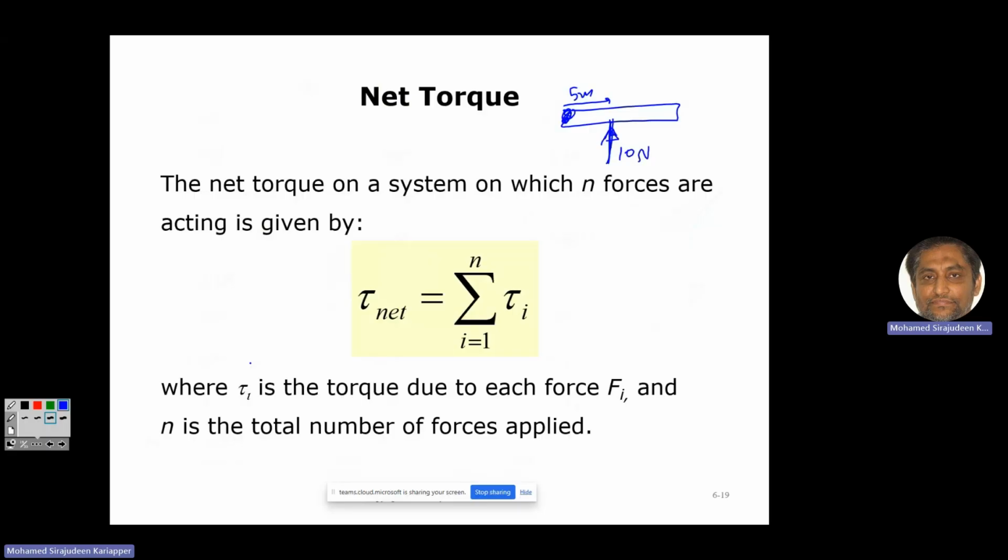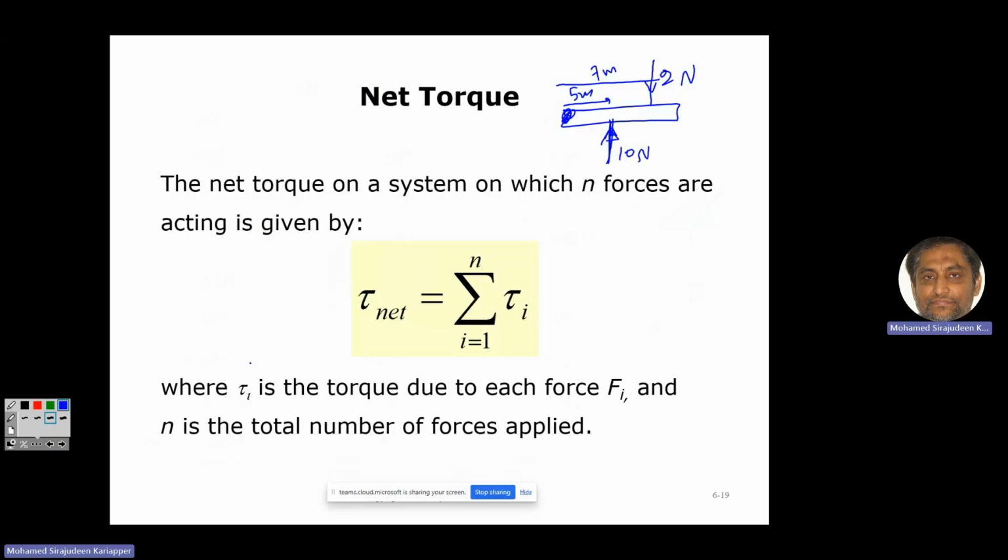Good. And he wants help. Maybe his force is not big enough. You ask someone else, please come and help me. So he comes and gives a force. I'll help you to rotate counterclockwise, and he applies a force like this, at a distance of say 7 meters, with a force of 2 Newton. Is he really helping? No, because his torque is clockwise, but I want to rotate it counterclockwise.